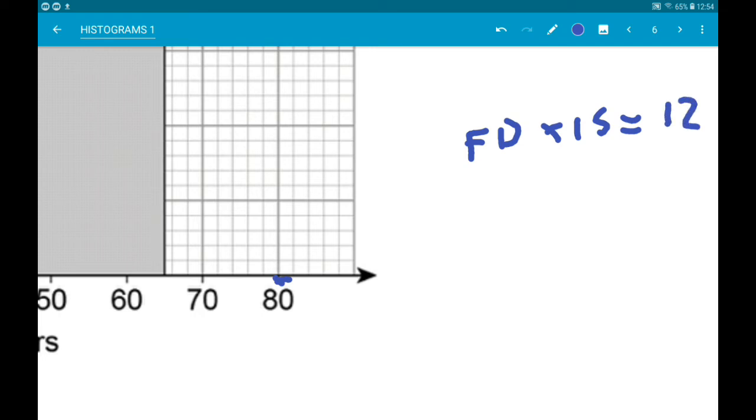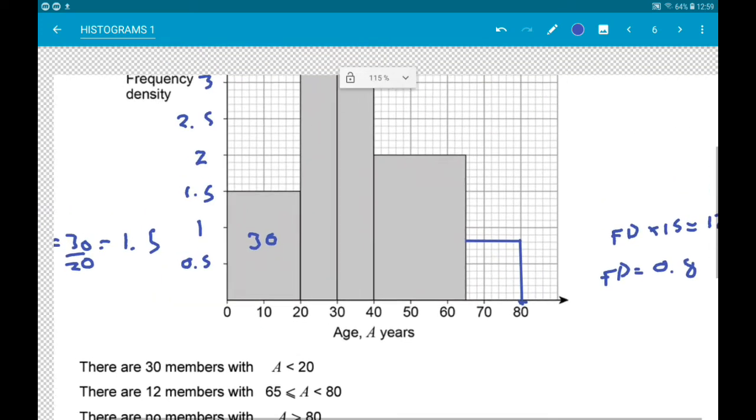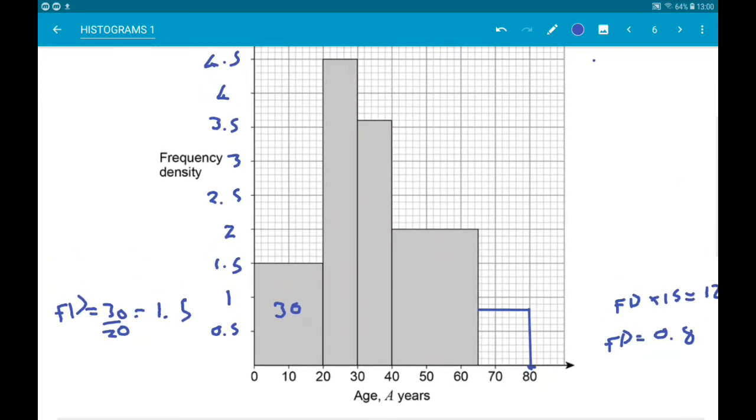So divide by 15 and we get the frequency density is 0.8. Okay then, so the final bar will look like that. So then there is our completed histogram.